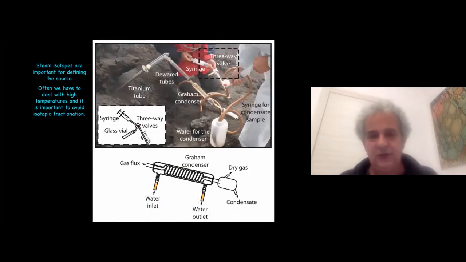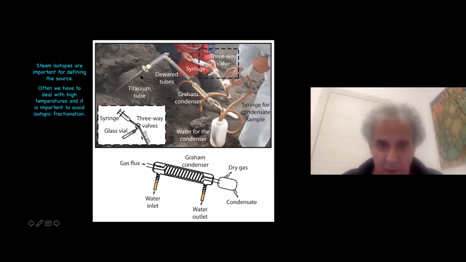So we use this sort of equipment. We call it the snake, basically, because you see there are a lot of tubing. But the most important thing is that here you have the titanium tube, you have the dual tubes, and here you have this stuff that is called a Graham condenser.